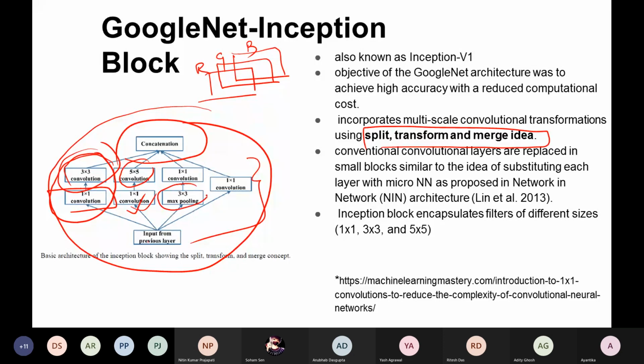We all know why pooling is important, and then we do the convolution. Here you are just fusing the effects from the multiple channels, and then that data is passed to the concatenation layer.